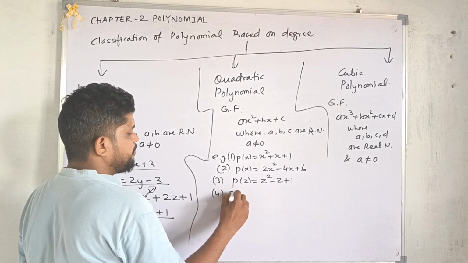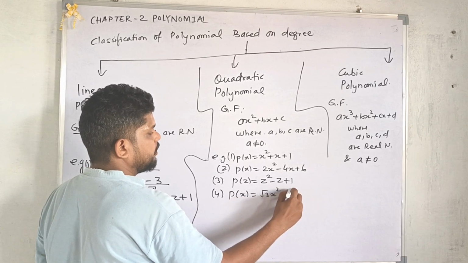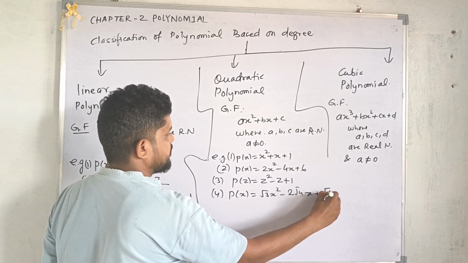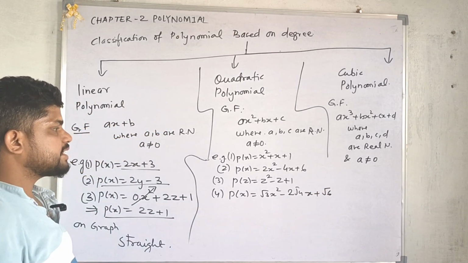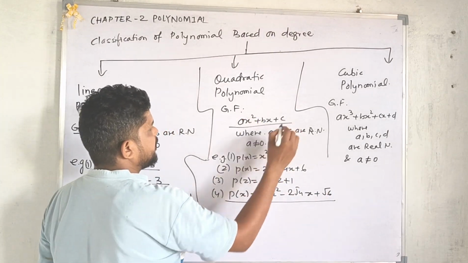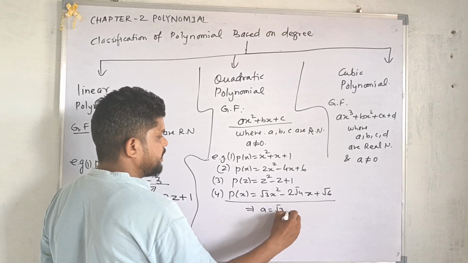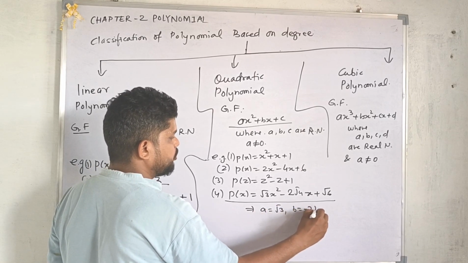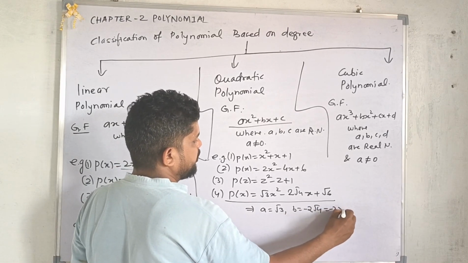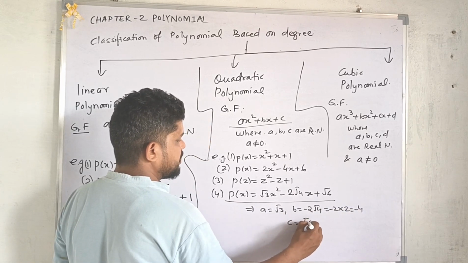Suppose I am writing p of x equals root 3 x square minus 2 root 4 x plus root 6. When you compare this with the general formula, we get that the value of a is root 3, the value of b is minus 2 root 4, which is minus 2 into 2, that is minus 4, and the value of c is root 6.